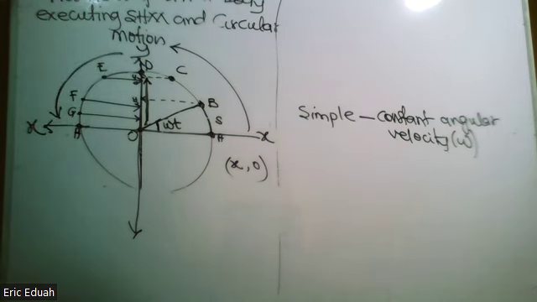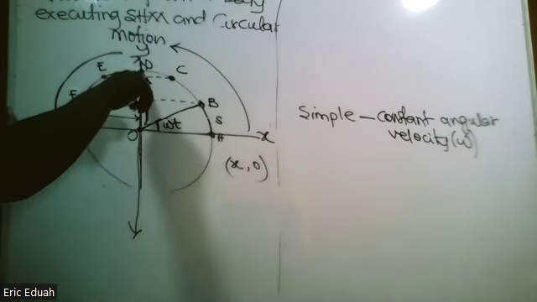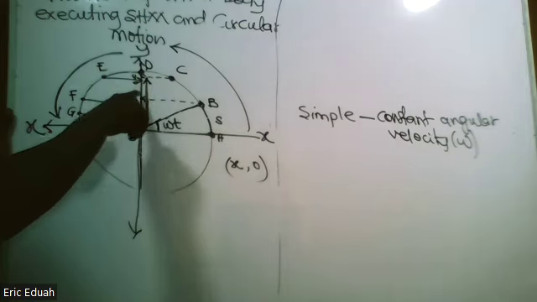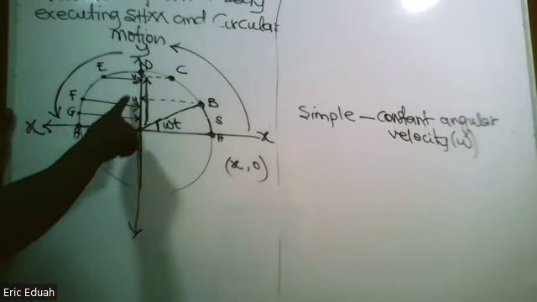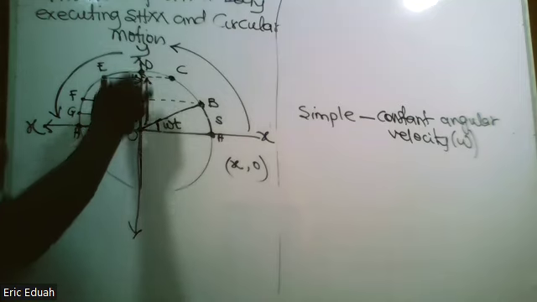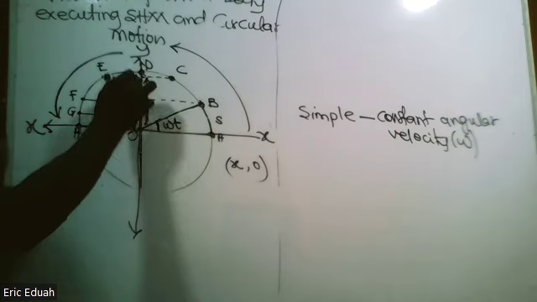Decreasing. Good. It's decreasing because it was at D maximum, then it came to Y something and fell to 0. So the arrow for the image along this will be pointing downwards.